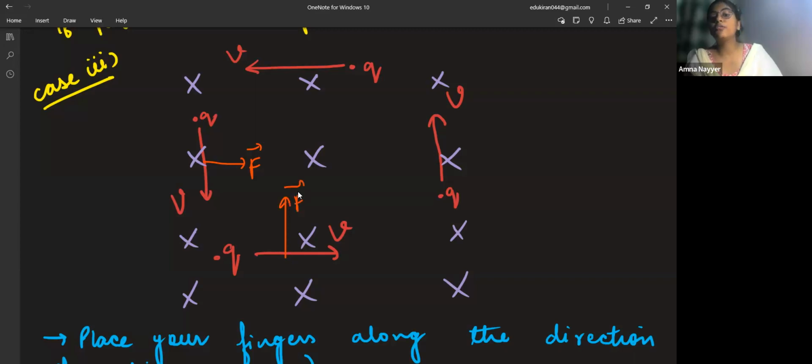Now, all of you quickly in the chat, tell me the direction of force here. Up, down, right, left? What is the direction? Very good, Austin. Austin has already answered. Keep your hand along the direction of velocity, curl your fingers towards the magnetic field, and the thumb will give you the direction of force.